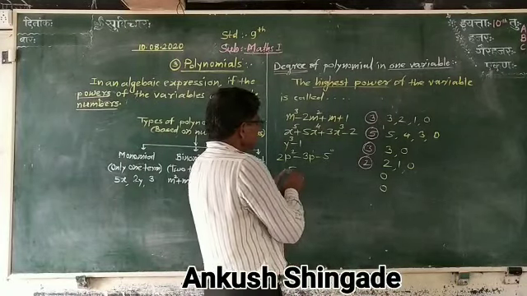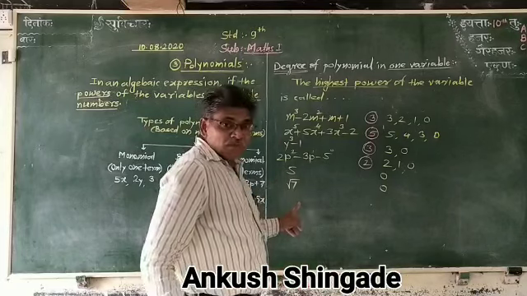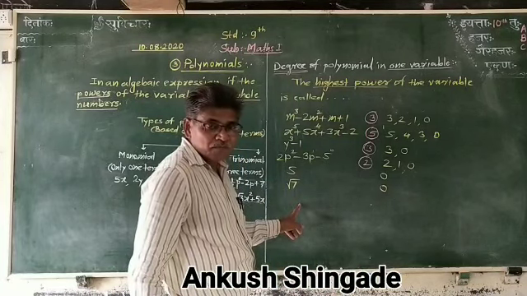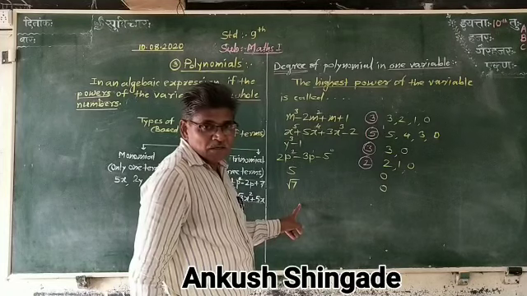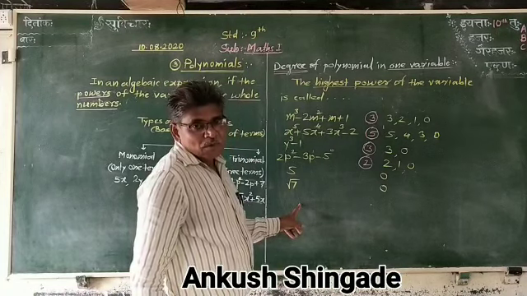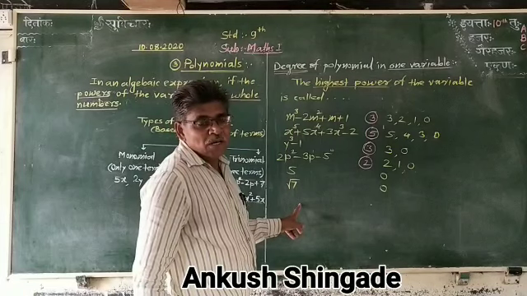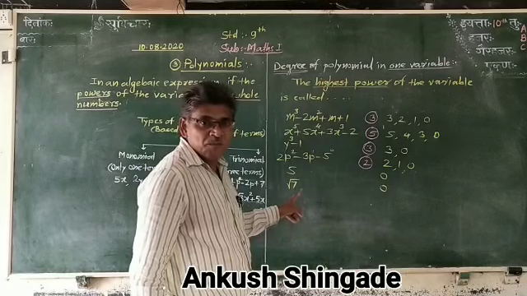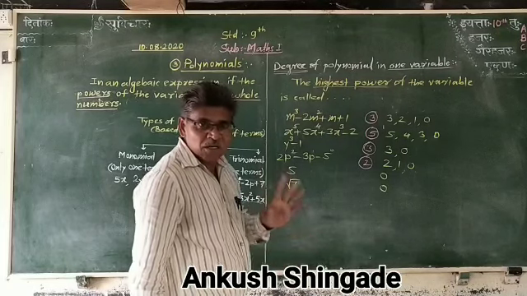Here both are constant terms. But root 7 is a constant term. Root 7, there is no variable. The terms which are given without variables means the value of the terms is constant.